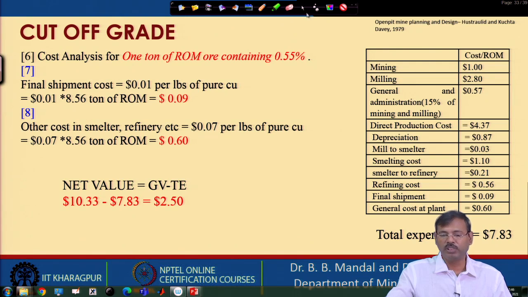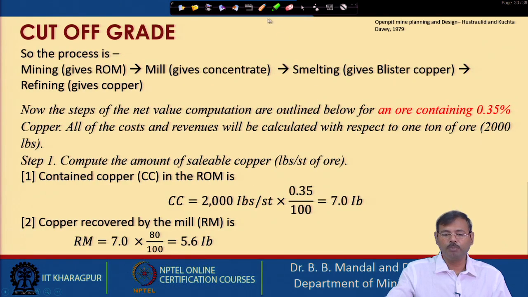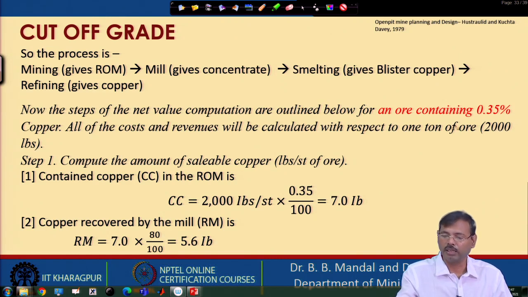The general technique is that we have to calculate this for different grades of ore and find out where the net value becomes 0, or we can find the trend and, extending the trend, find at what grade of the mineral the net value becomes 0. So, for this, in a very simplistic manner, another analysis is carried out with the grade of 0.35.